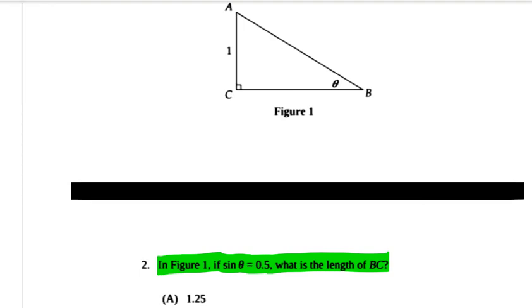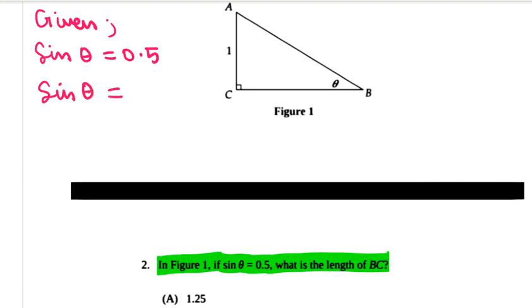Given sine theta is equal to 0.5. That implies sine theta is equal to 5 by 10 or 1 by 2.